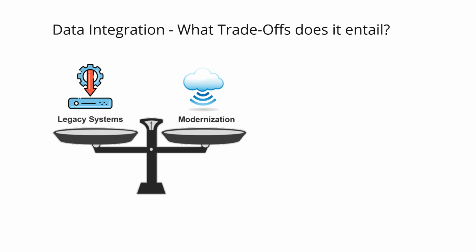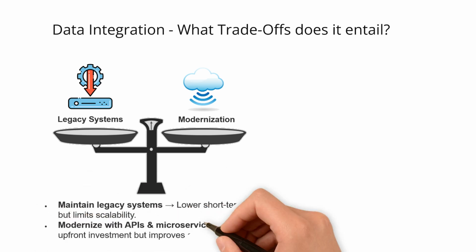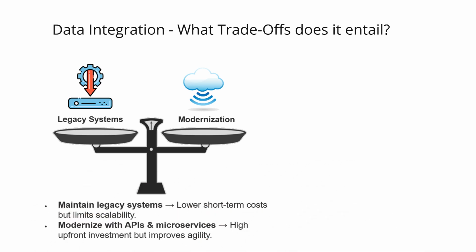These systems have been around for decades and don't always play nicely with newer cloud-based or API-driven platforms. So here's the trade-off. If you stick with legacy systems, you save money up front, but you limit your ability to scale and adapt quickly. On the other hand, modernizing with APIs and microservices means a bigger initial investment, but it gives you a lot more flexibility down the road.